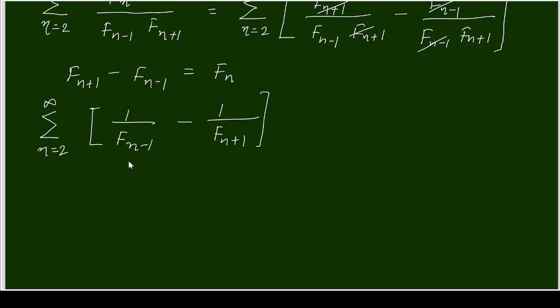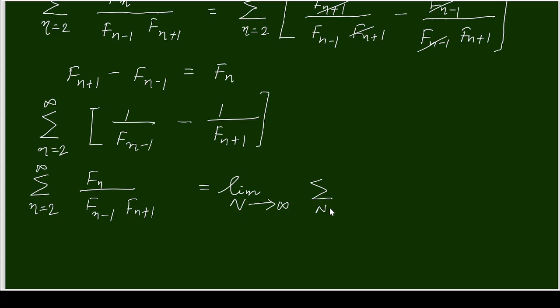So here I'm writing this summation of n equals 2 to infinity of fn by fn minus 1 into fn plus 1 equals nothing but the limit n tends to infinity of the summation n equals 2 to n of fn over fn minus 1 and fn plus 1.